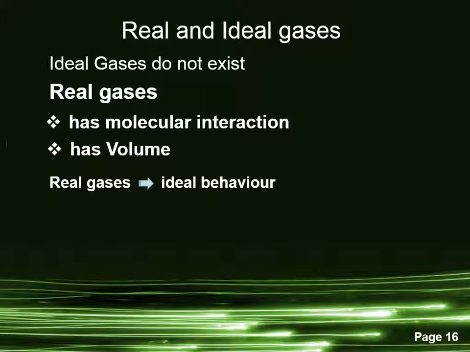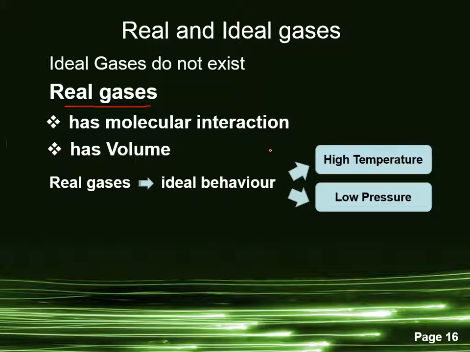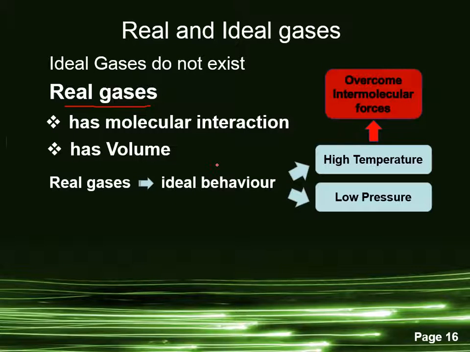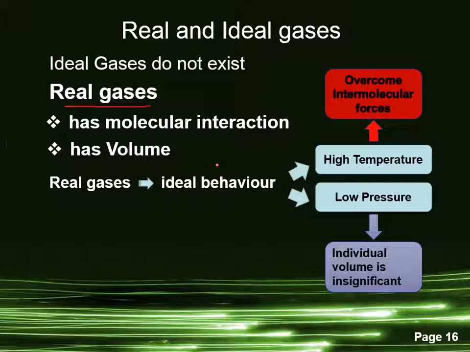The real gas behaves ideally when the temperature is high or the pressure is low, because at high temperature the molecules have a lot of kinetic energy, which means they have enough energy to overcome any intermolecular forces that do exist. And at low pressure we have ideal condition because the particles are so far apart that their individual molecular volume is insignificant compared to the container.